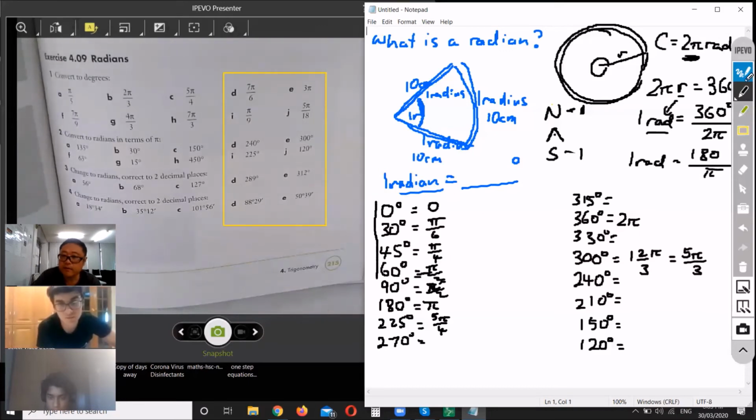I was just getting 180 and plussing 45 onto it. Yeah. So the rest of them are just going to be multiples of that. I just did the degrees on 180 and then put pi next to whatever fraction I got. Yeah, okay, so 270 will be 3 pi on 2. 3 pi on 2, good. Okay, good.